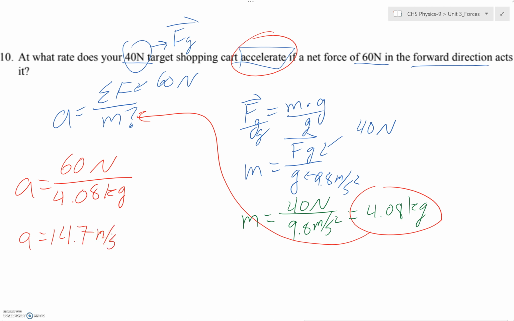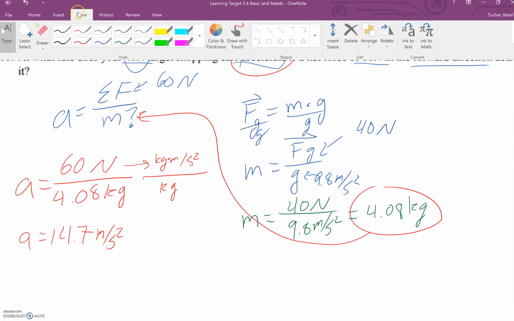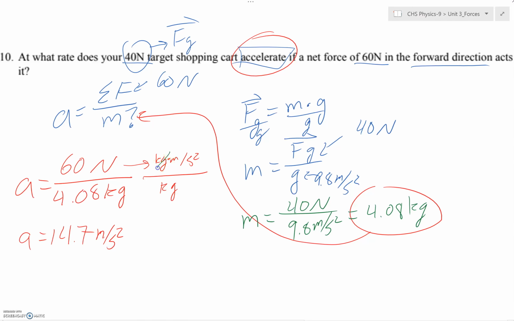I should get meters per second squared, but let's double check that. I've got newtons, which really is kilograms meters per second squared, divided by kilograms. This time, kilograms cross out. I'm left with meters per second squared, which is what I want. This will be my final answer.